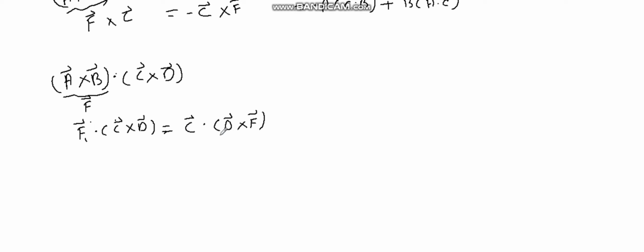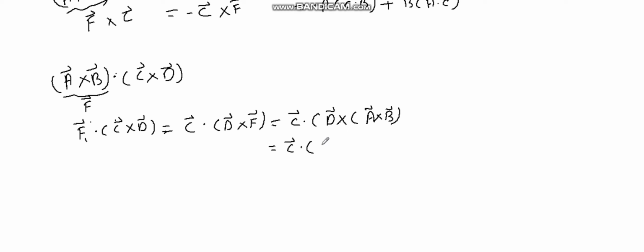And what we will do after that, we will expand this F, which is nothing but A cross B, and we know that this is the vector triple product. So what is its final form?